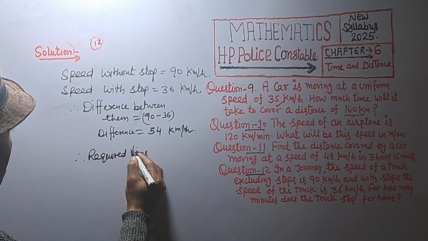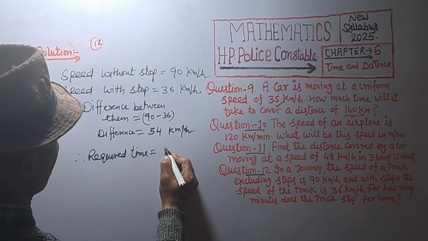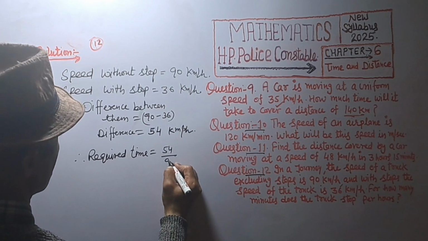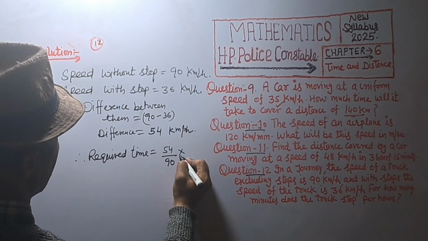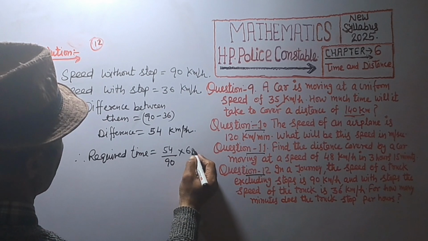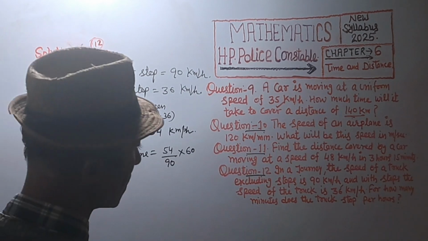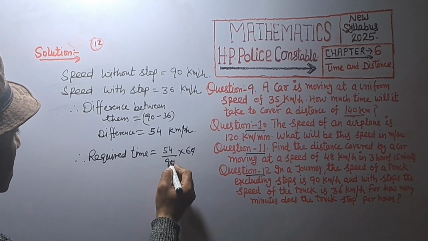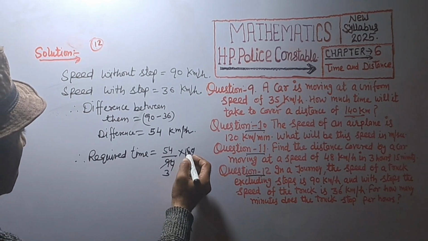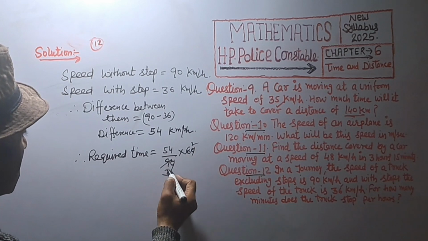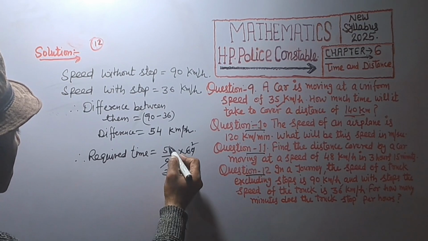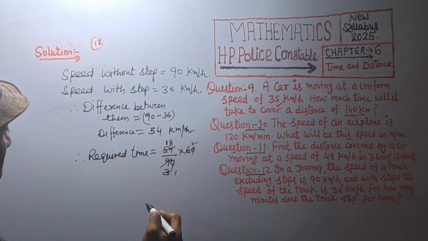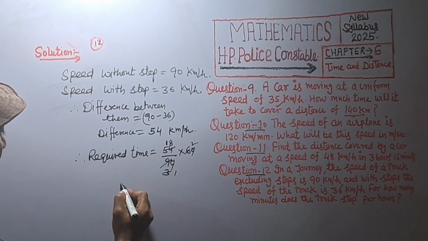Required time is equal to 54 upon speed without stop, 90, multiplied by 60 per minute. 0 0 cancel. 3 3s are 9, 3 2s are 6, 3 1s are 3, 18 3s are 54.